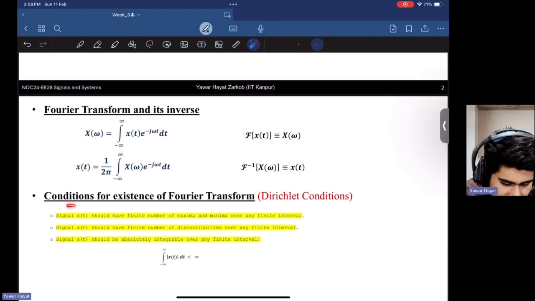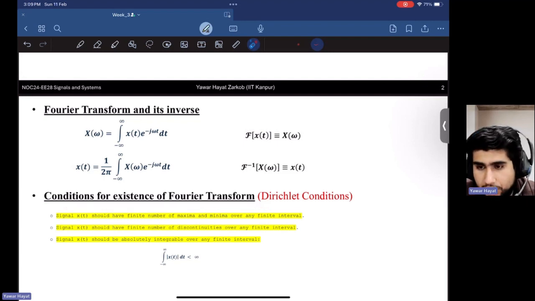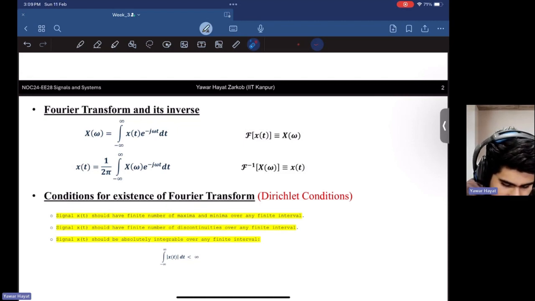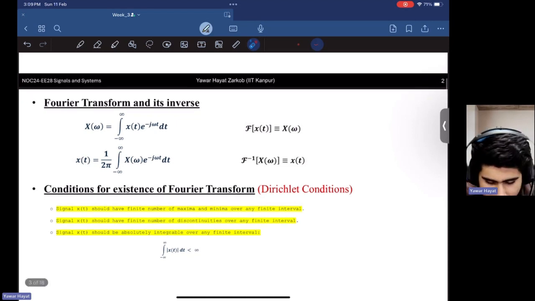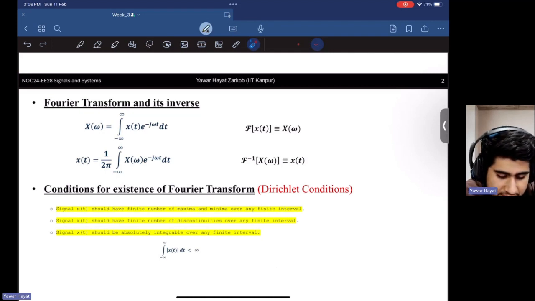Also, there are some conditions for the existence of Fourier transform, right? In the last week's lectures, you would have seen these Dirichlet's conditions. Let me briefly go over them. So the signal x of t for which we are trying to find this Fourier transform should have a finite number of maxima and minima over any finite interval.